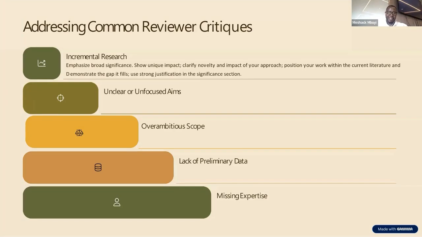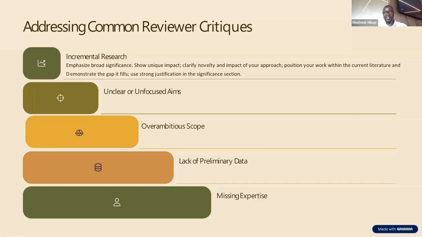If the comment is that this research is incremental and is not adding value to the field, you need to emphasize the broad significance. So you need to go back to the significance section of your grant application and add more information or strengthen the information that is there. You need to show why this research is unique and the impact that it will create.